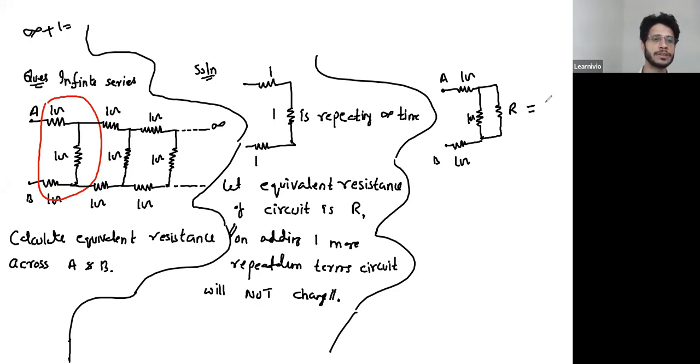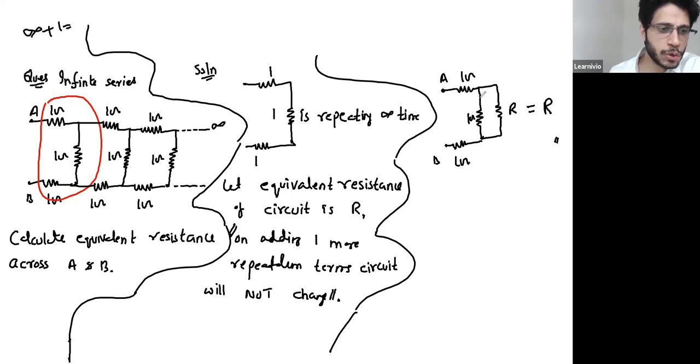That means the equivalent resistance will remain R as it is. Is this point clear? I just converted this statement into a mathematical equation. Your resistance will remain R.